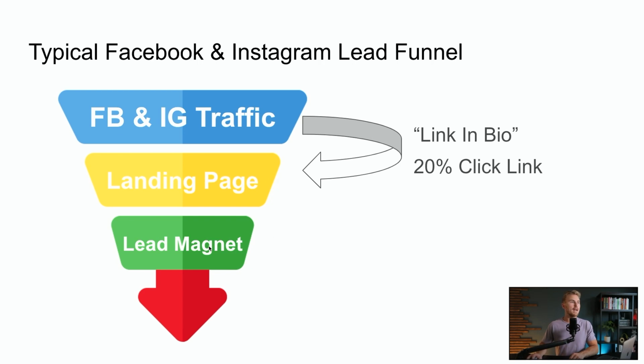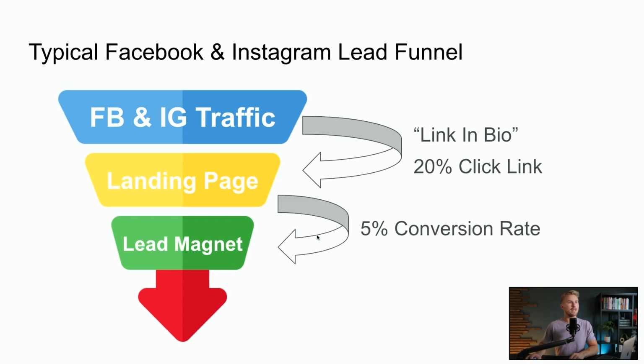Then we have the lead magnet that you've got on your landing page. And so you're probably having them fill out a form so that you can collect their contact information. And so let's just say that 5% of the people who actually clicked through to the landing page then went ahead and found the form, filled out the form, gave you their contact information, and got the lead magnet that you're selling.